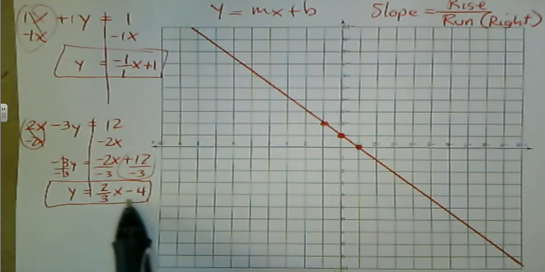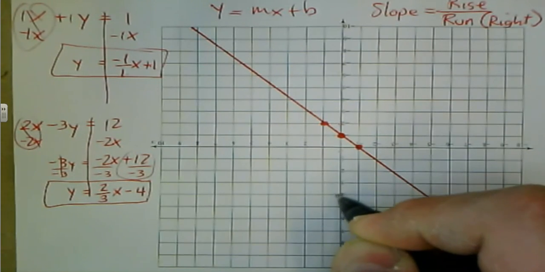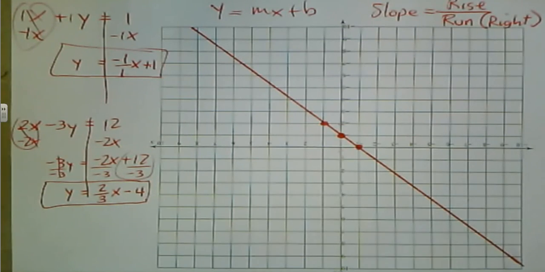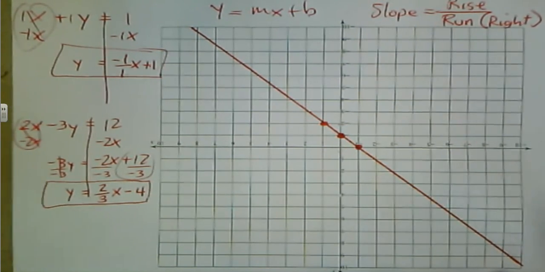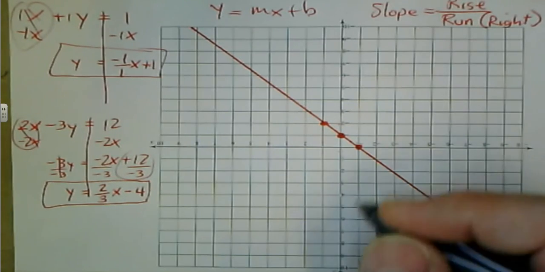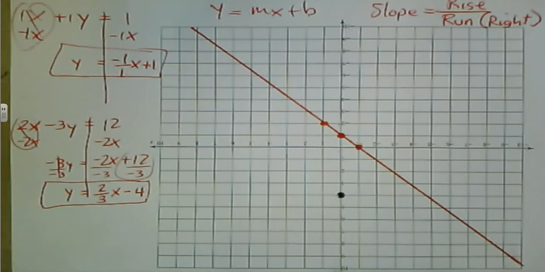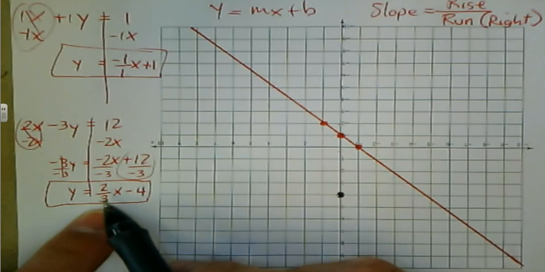Negative 4 is our y-intercept. So I go to negative 4. 1, 2, 3, 4, right here. Yep, that's what I was afraid of. New pen's not going to work. There she goes, I think. Negative 4, right? All right, from there, it's 2 over 3, positive 2.